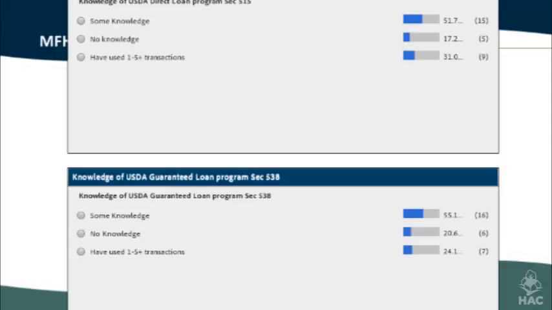All right, and it looks like the polls are in. Most participants have some knowledge of both the Section 515 as well as 538 program. We do also have a good number of participants on the line who have no knowledge of each of those programs. Edgar, Martha, or Melody, do you want to address the polls at all?